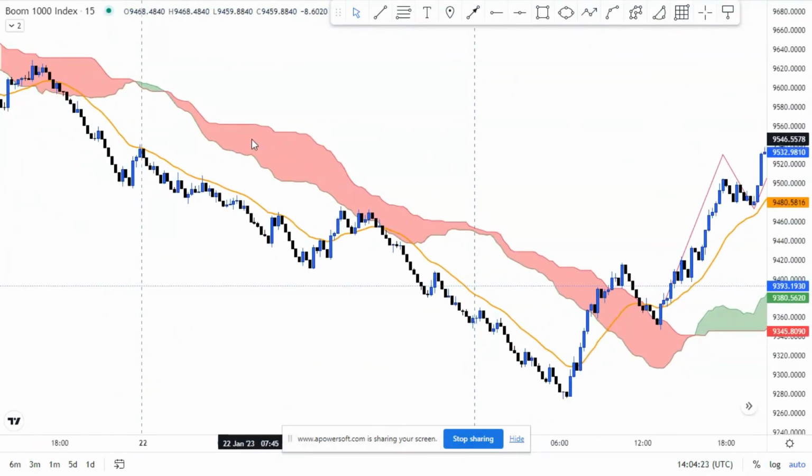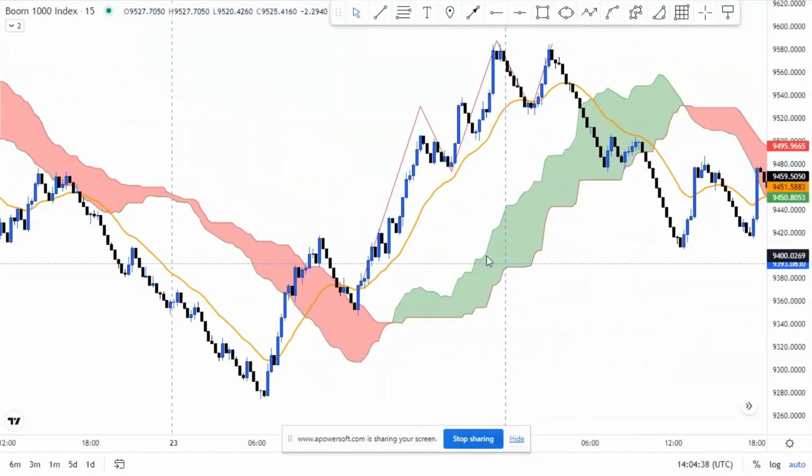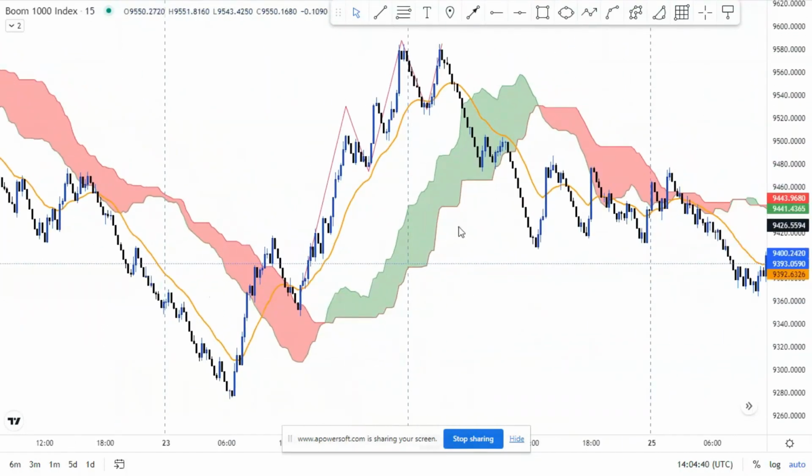If this cloud is shading red, then we are in a strong bearish trend. Then we are going to be taking keen note of the areas where the market turned.